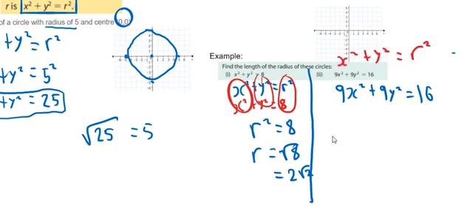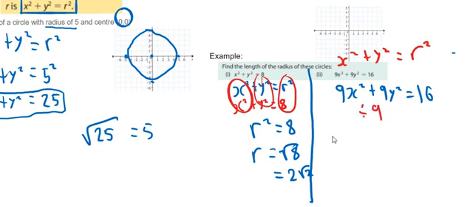So I can't really read off what r squared is here, because I have a 9 in front of my x squared and a 9 in front of my y squared. So what you need to do is something to both sides of the equation that's going to give me just x squared plus y squared on the left hand side.